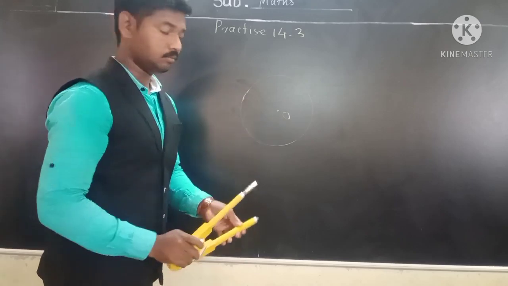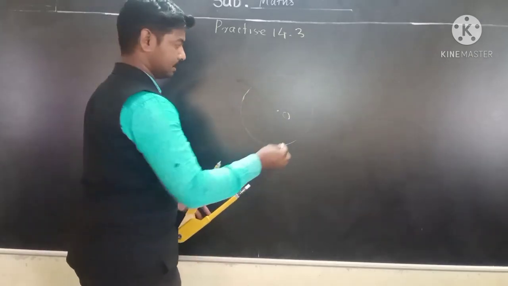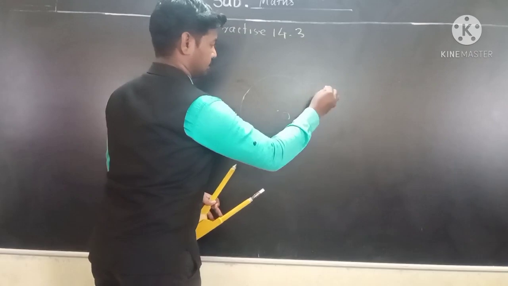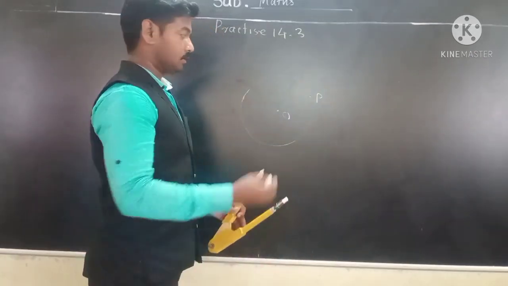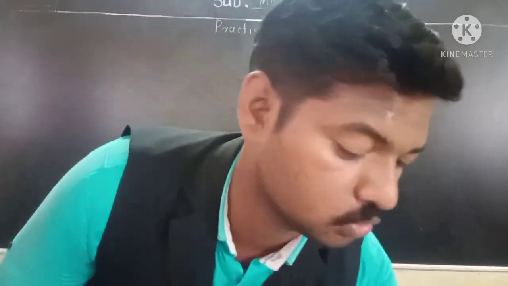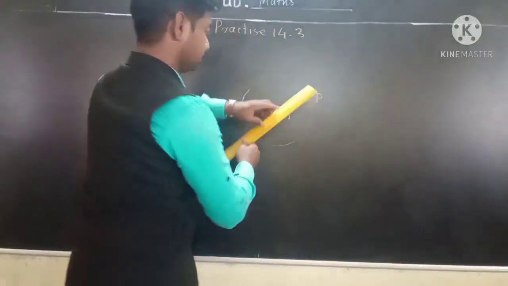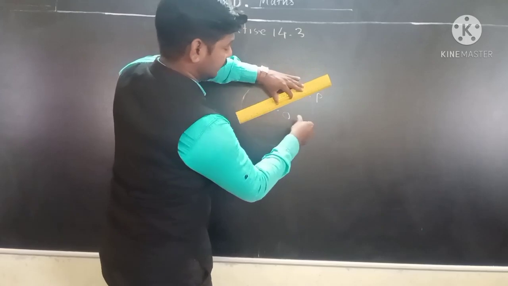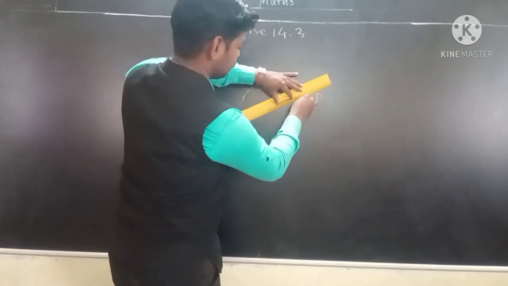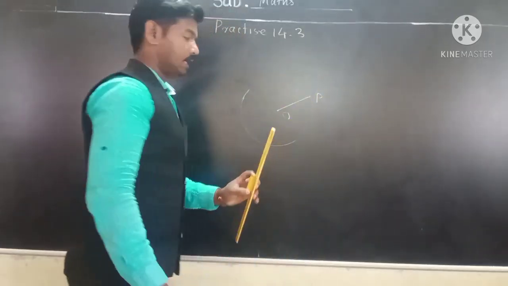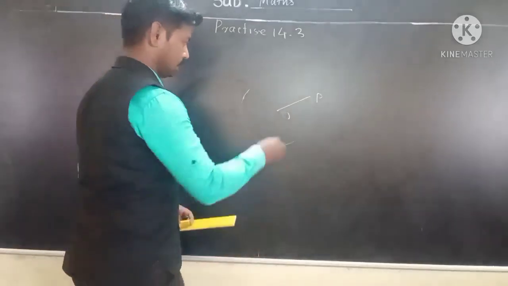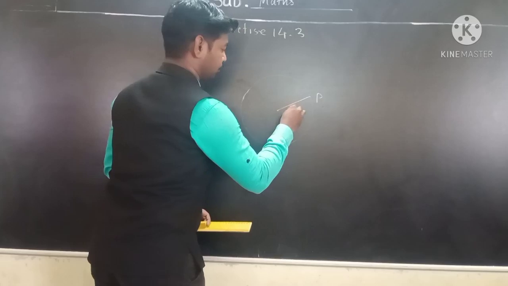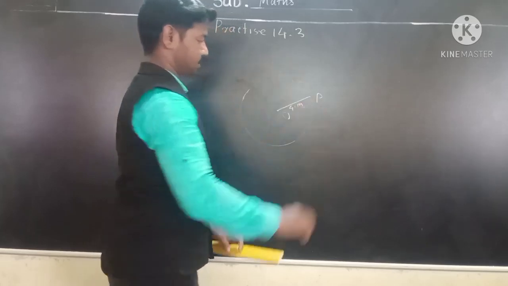For this we will take any point on the circle. We will name that point P. Then with the help of a scale, we have to join the center of the circle with any point which lies on the circle. And as we have taken a distance of 4 centimeters, OP will be 4 centimeters.